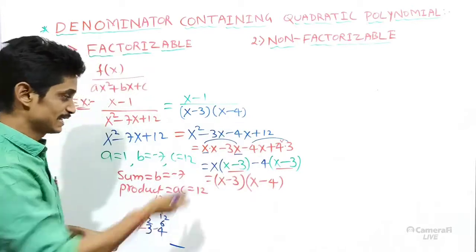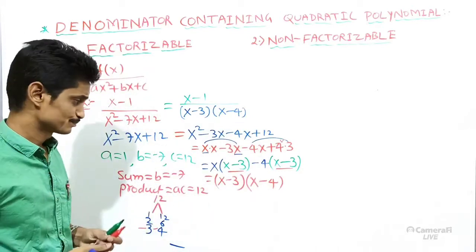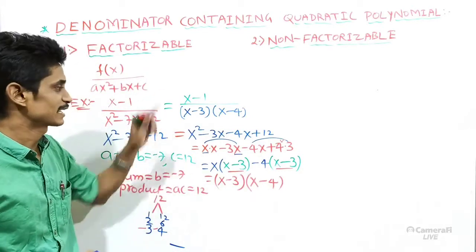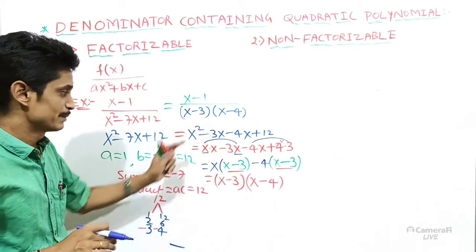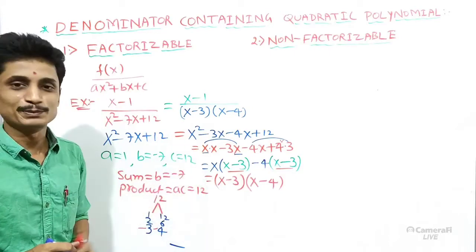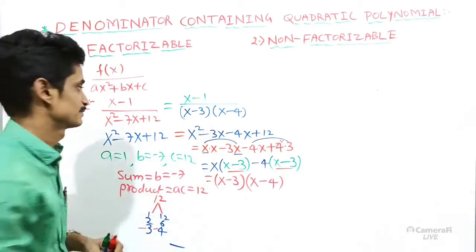How do you conveniently factorize like this? If you know this concept perfectly, you can directly factorize it. It is not necessary to go through these many steps. For understanding, I took so many steps. It is not necessary to take them. Right?